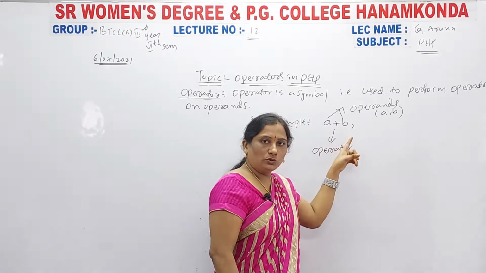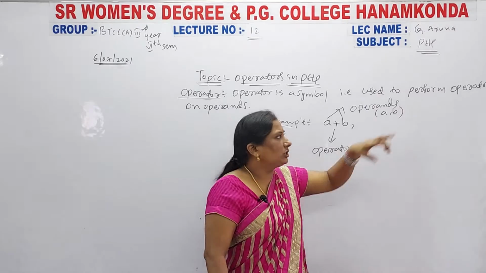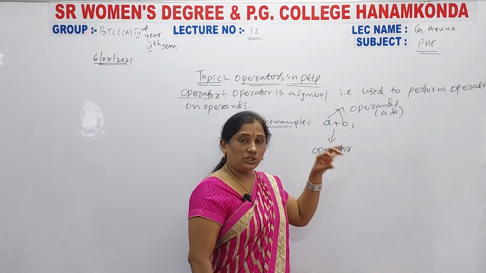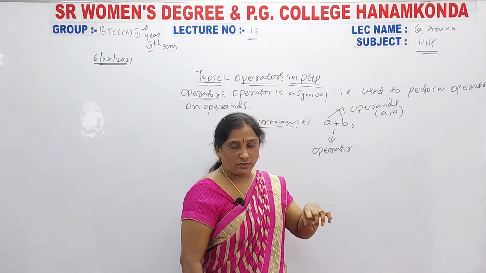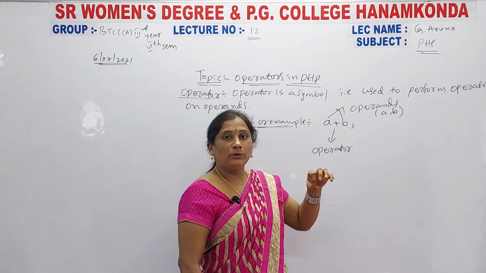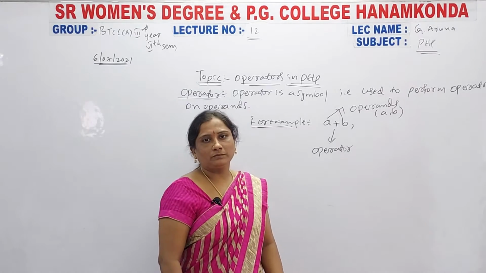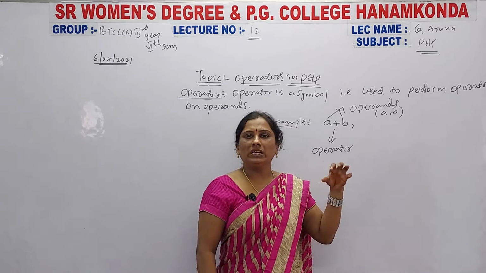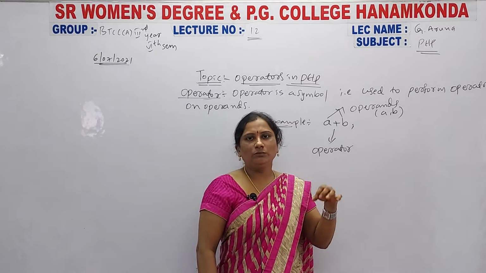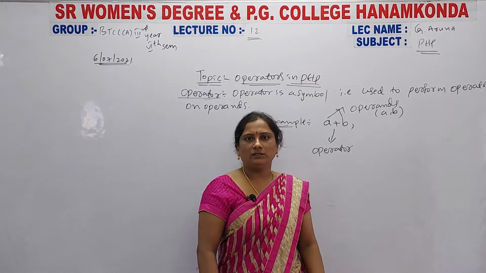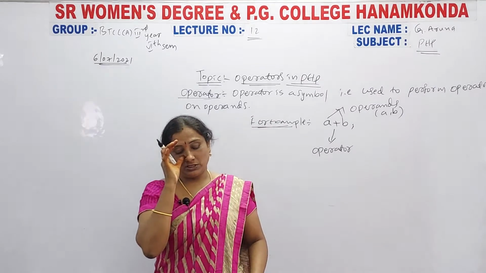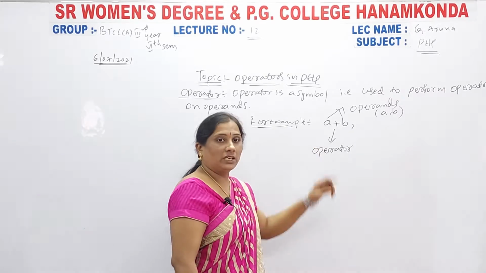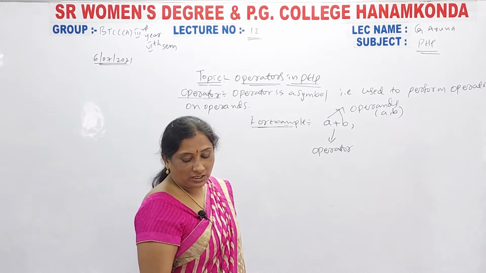Here the addition operation is performed, and we have to take two operands, A plus B. You can enter any values for A and B, and the output will be displayed. This is the operator definition.